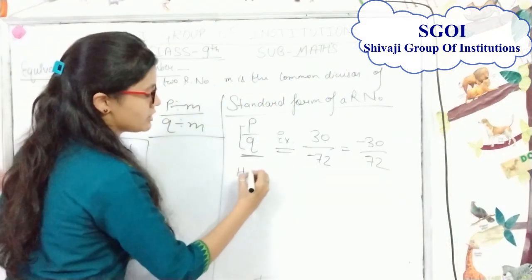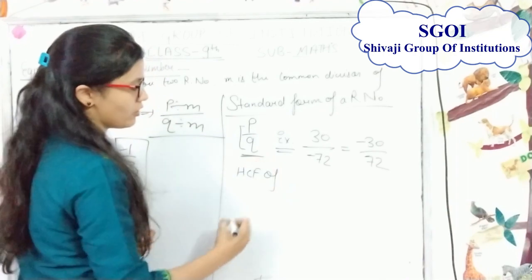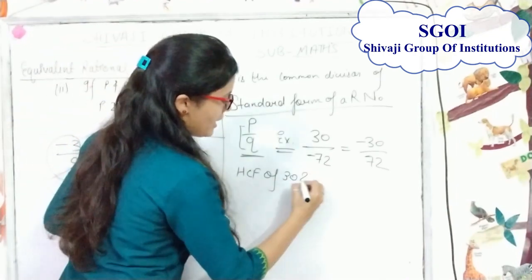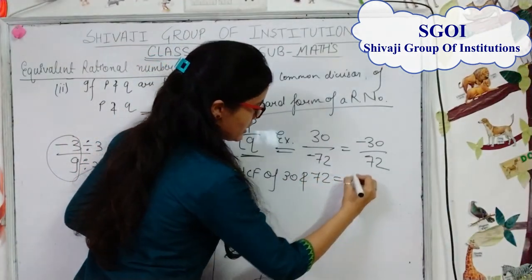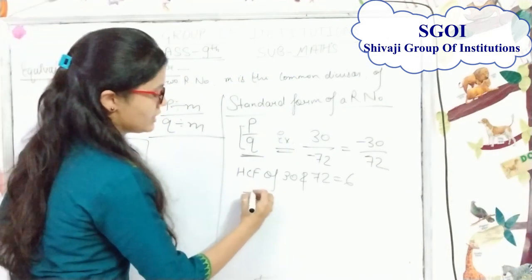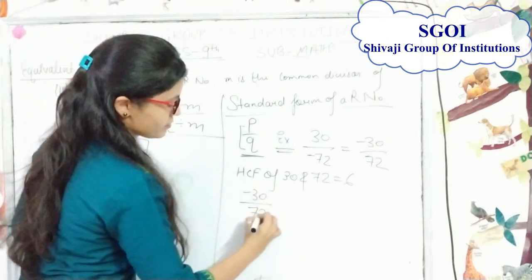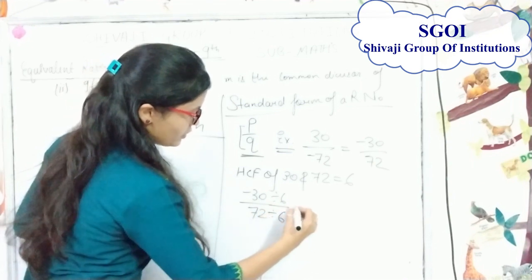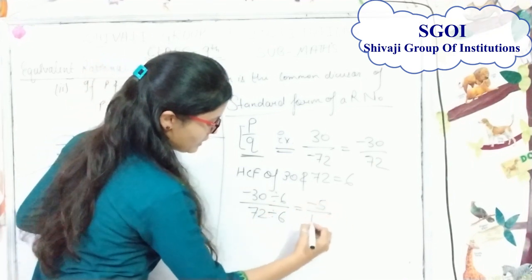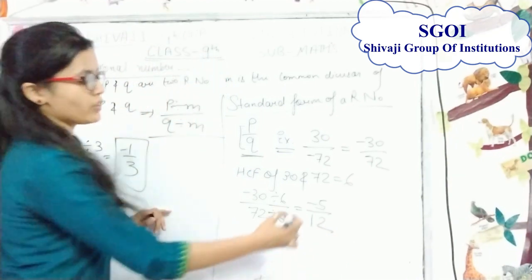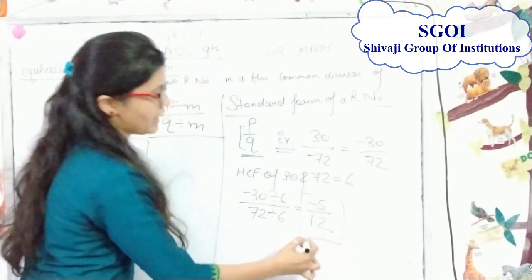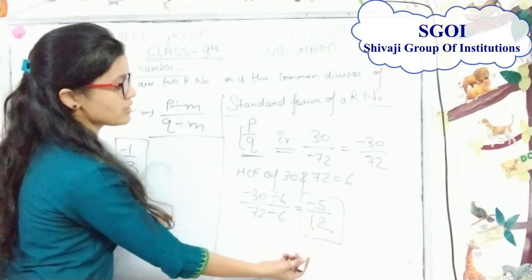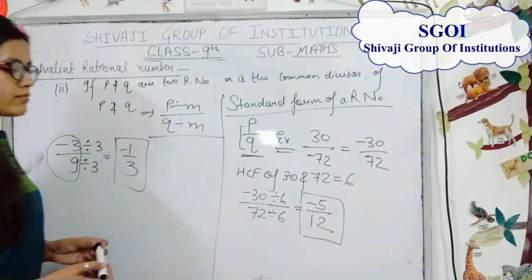Now the HCF of 30 and 72 is 6. Then divide it. We get minus 5 by 12. In this case, students, we can say that minus 5 by 12 is the standard form.